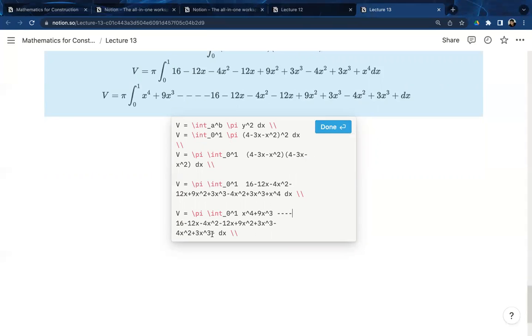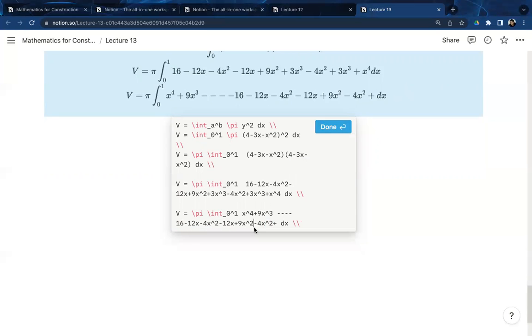So I could take out this 3x cubed here, this 3x cubed here. What am I left with? I have x squared terms. So I have 9 minus 4 minus 4. That's 9 minus 8, which is just x squared. Right? So the x to the 4, take out this 4.